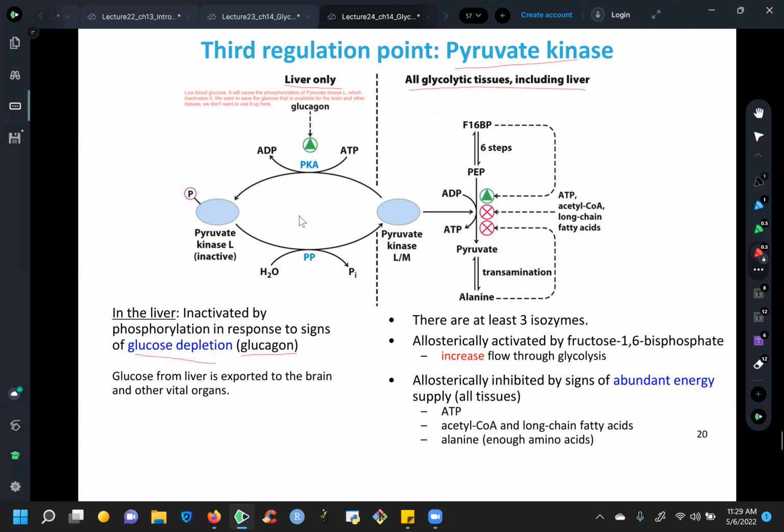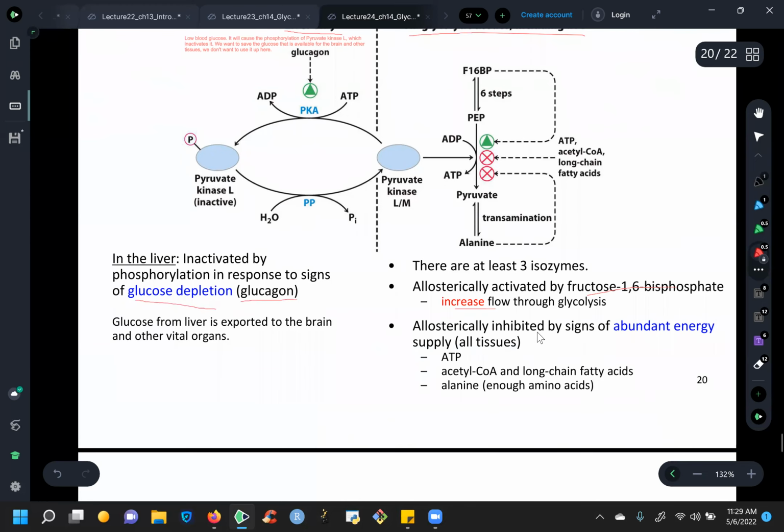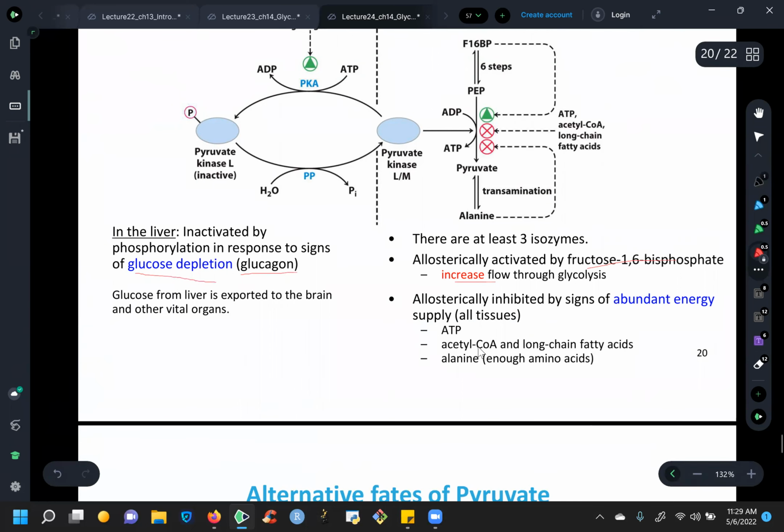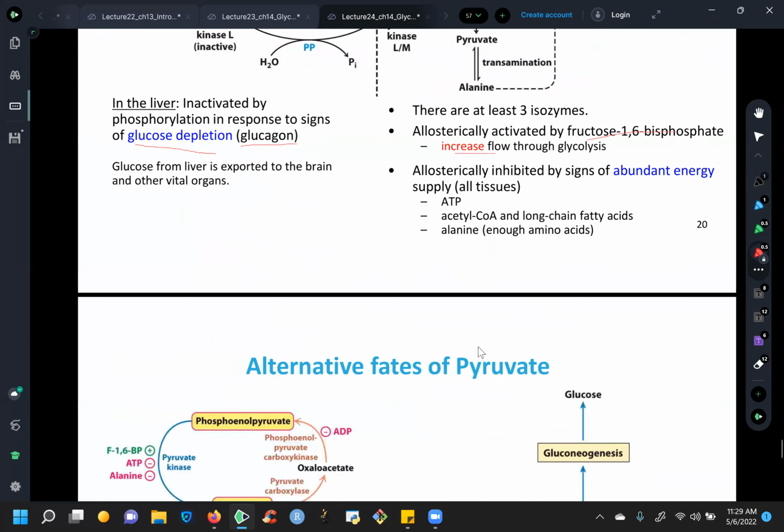Instead, it'll be exported to your capillaries so that glucose can be used by your brain and the other organs. Here there are at least 3 isozymes in all the other tissues, allosterically activated by fructose 1,6-bisphosphate. It increases the flow through glycolysis, and is allosterically inhibited by signs of abundant energy supply in all tissues: ATP, acetyl-CoA, and long fatty acid chains.